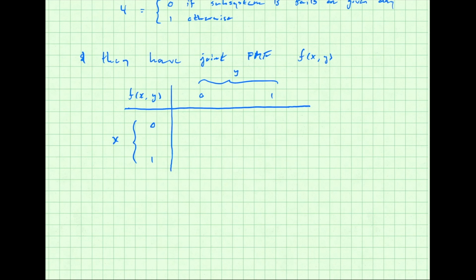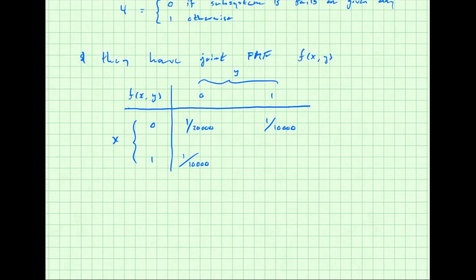So the probability for both of the subsystems to fail, A and B, so that's y is 0 and x is 0. That's 1 over 20,000. The probability for x equals 0 and y equals 1, that's 1 over 10,000. And the probability for y equals 0 and x equals 1, that's 1 over 10,000 as well.